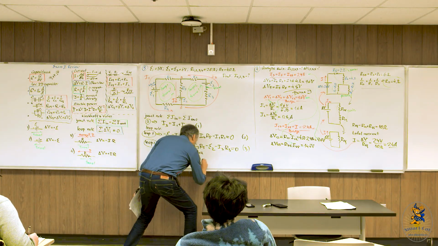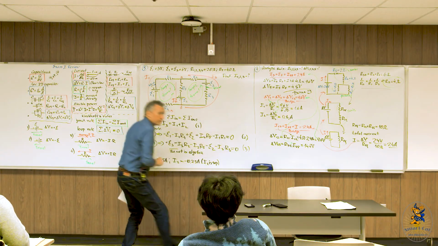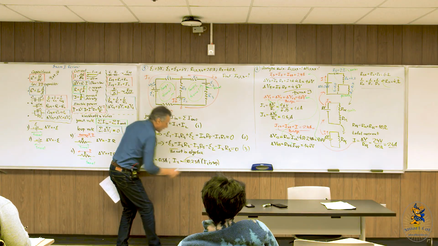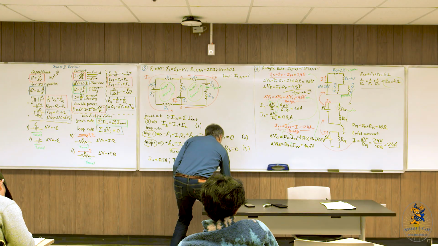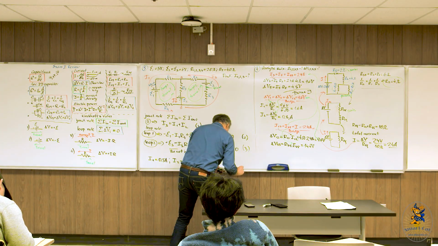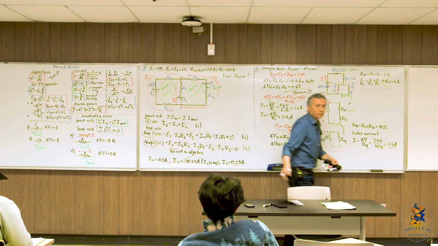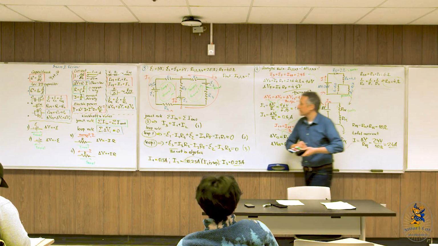So I2 is actually upward, right? Basically because of this minus. And I3 is 0.25 amps. Okay, I3 again we just guessed direction correctly.